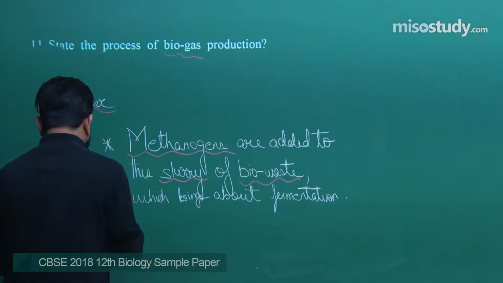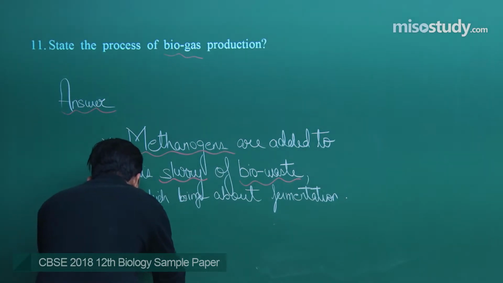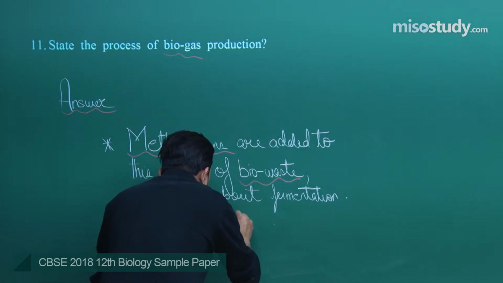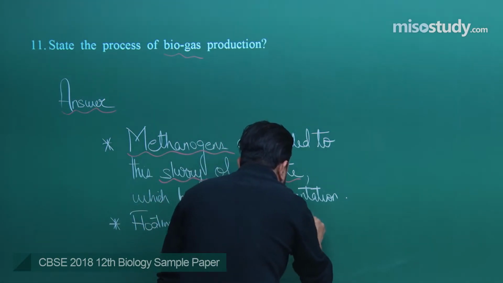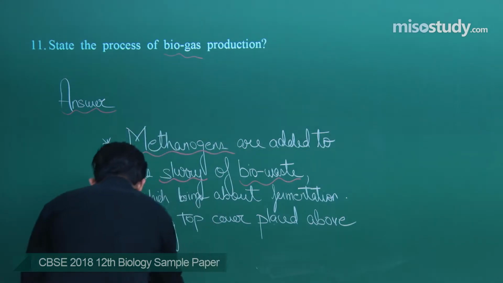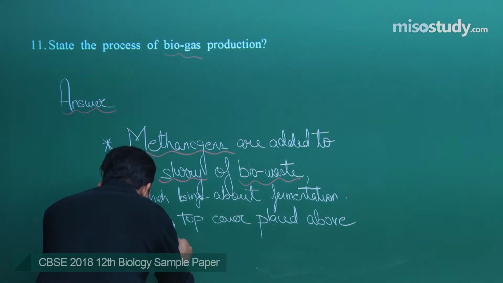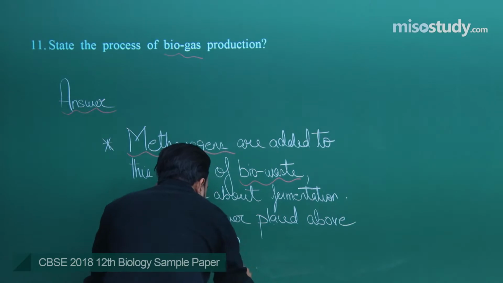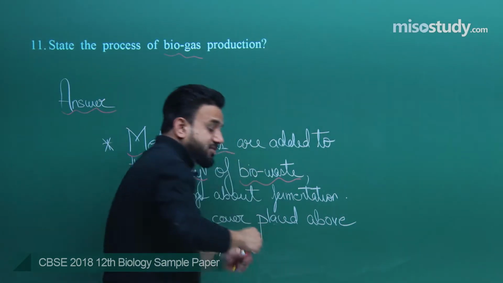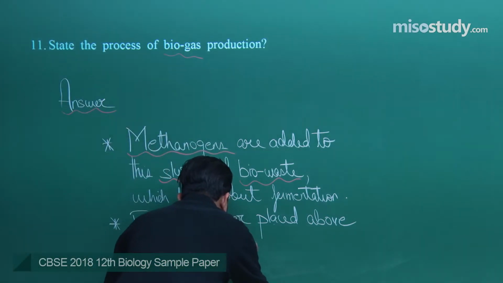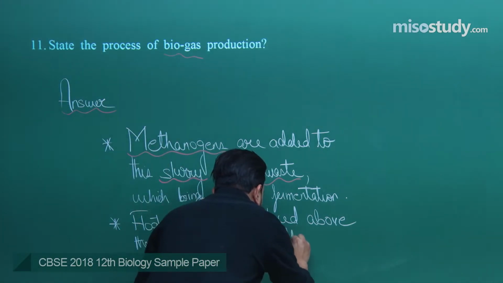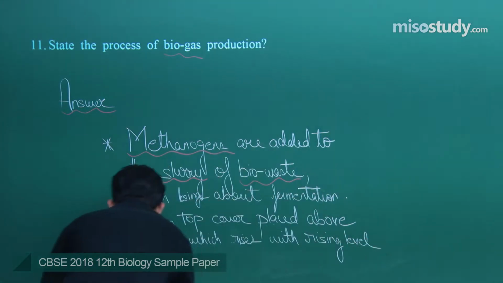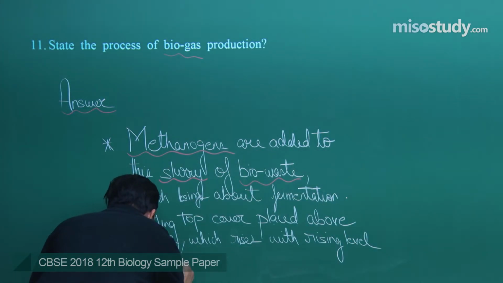So I can write this as: a floating top cover placed above the tank, which rises with the rising level of biogas.